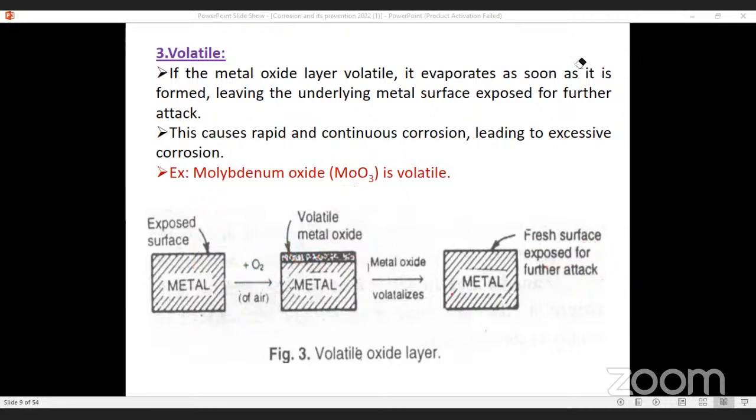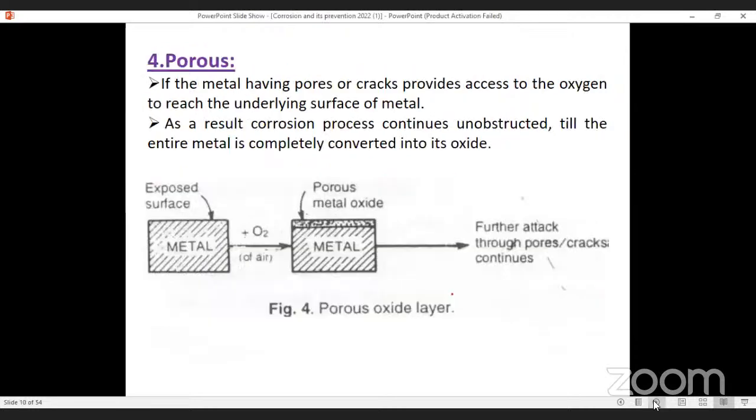One more type of metal oxide formation is there: porous metal oxide formation. If the metal oxide has pores or cracks, it provides access for oxygen to reach the underlying surface of the metal. Even in this case, the metal is exposed to the environment by absorbing oxygen, and a porous metal oxide forms.